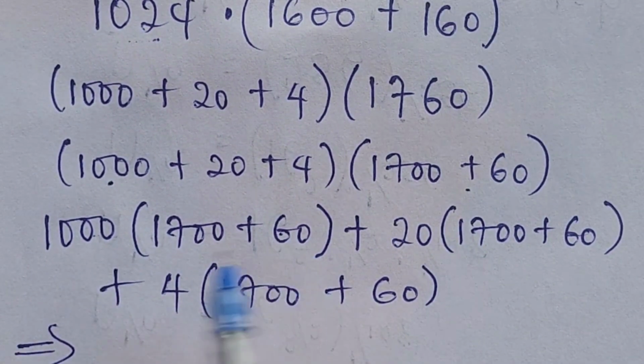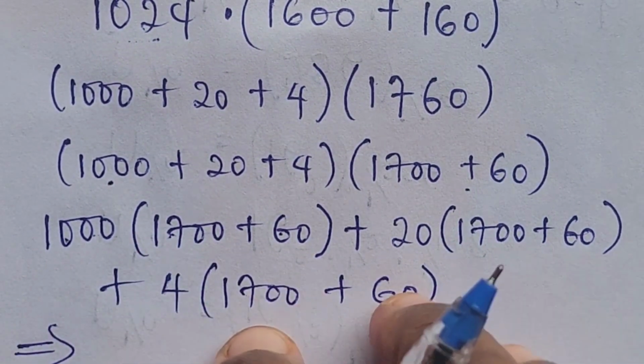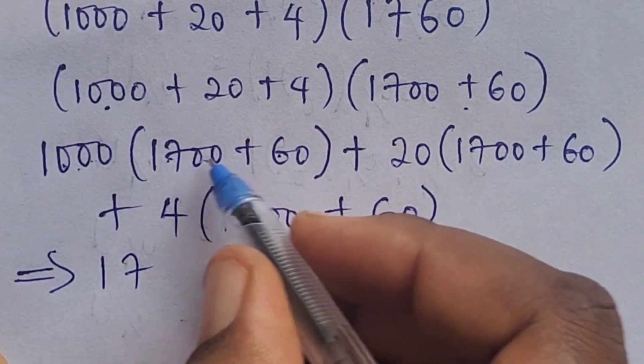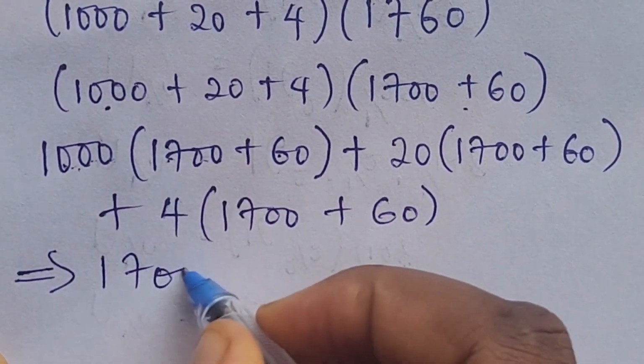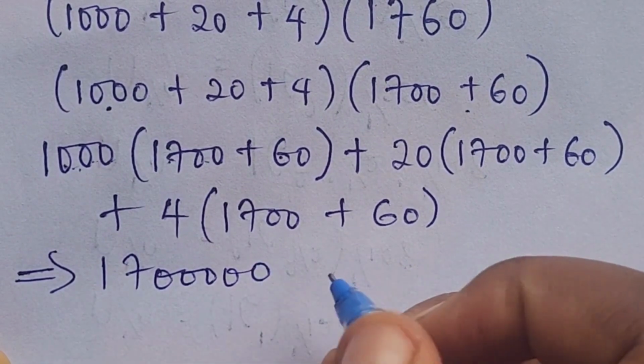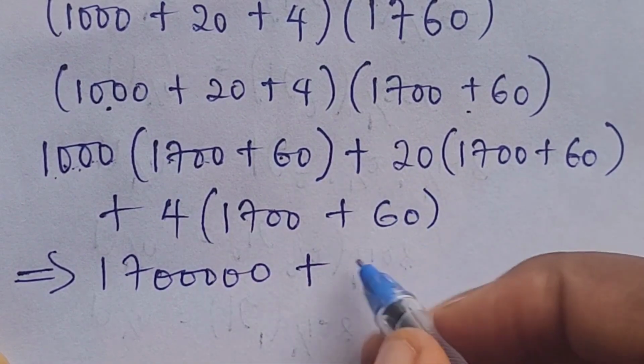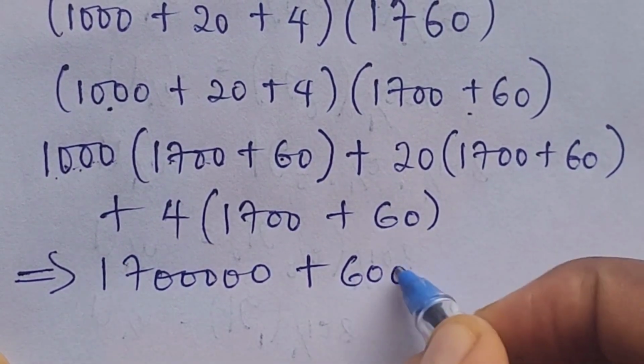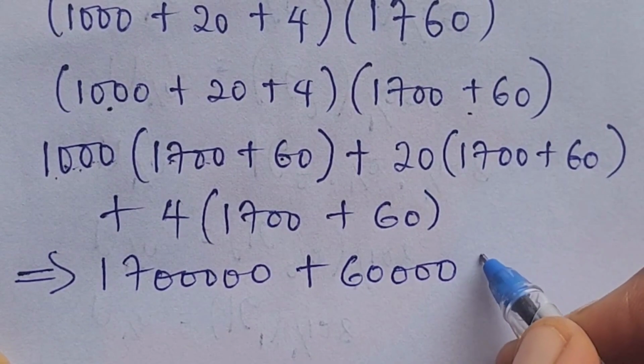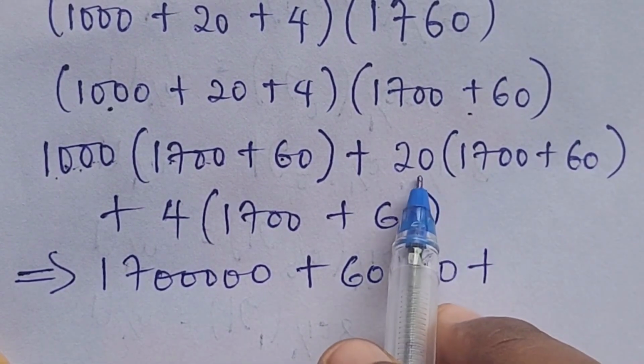So opening this bracket, this times this, we have 1, 2, 3, 4, 5 zeros, plus we have this times this, which is 60,000, plus we have 20.